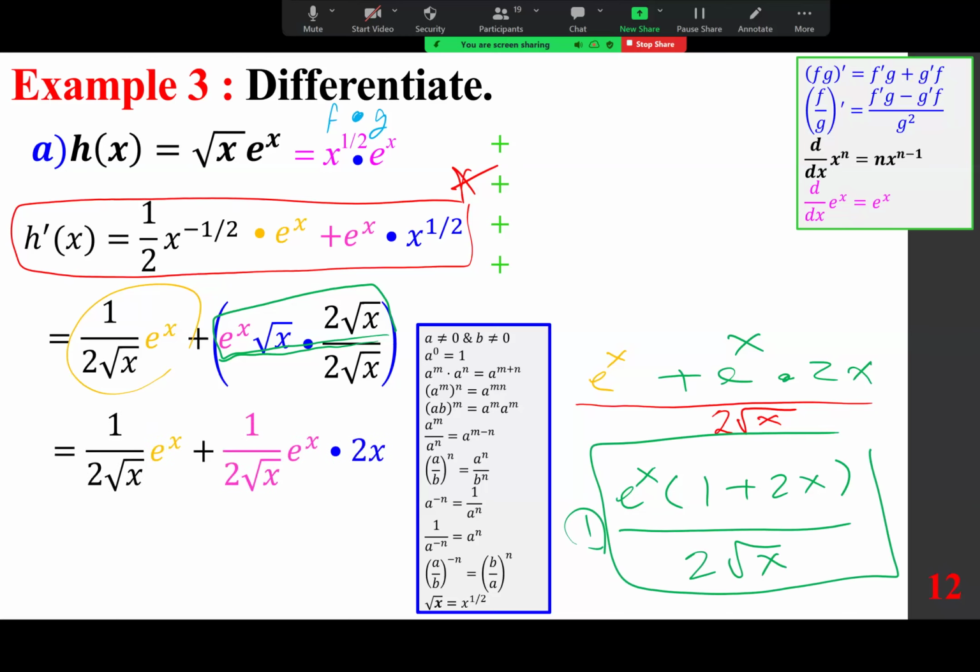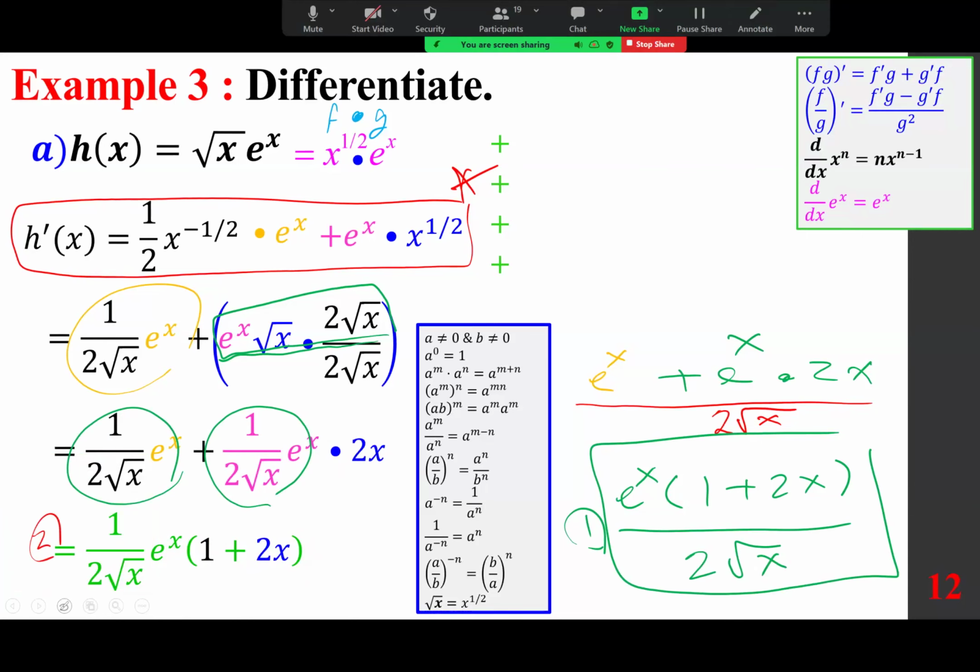The second way is to write it in this fashion, and notice that this is in common between the two. If you take this out as a common factor, this will result in 1, this will result in 2x. Please understand this format, I'm going to call it number 2, and this format, they are the same.